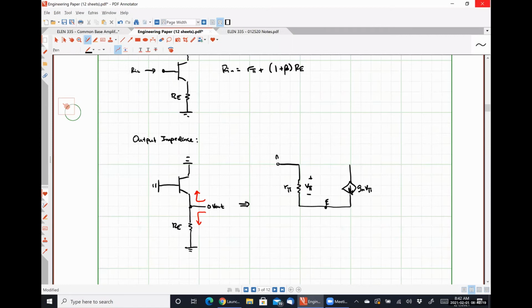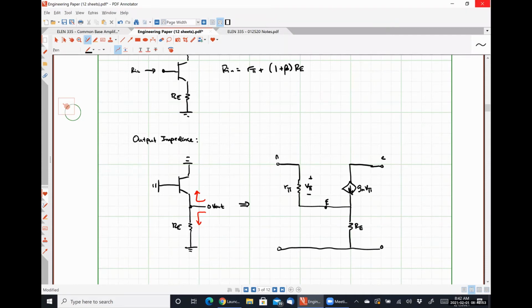Here's our emitter terminal. Here is our collector. All right, and then down here is what I'm going to call a ground rail. So between the emitter and ground, I have my resistance RE. So let's put this guy right here.